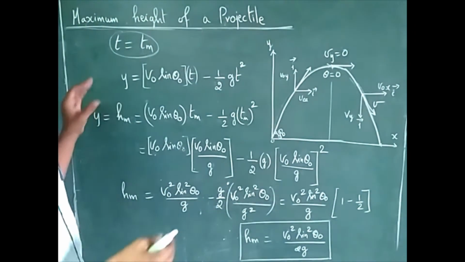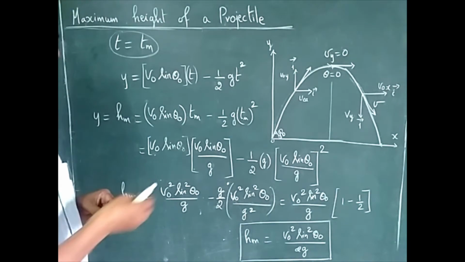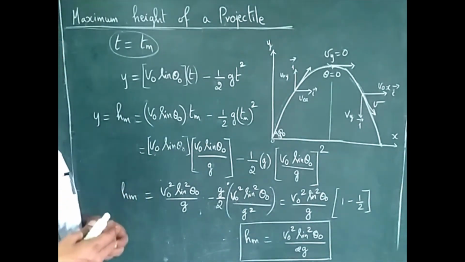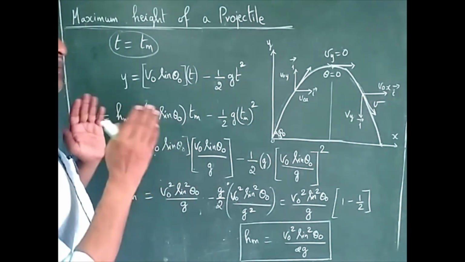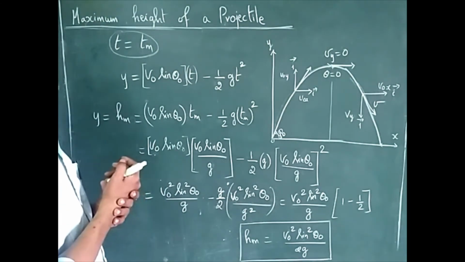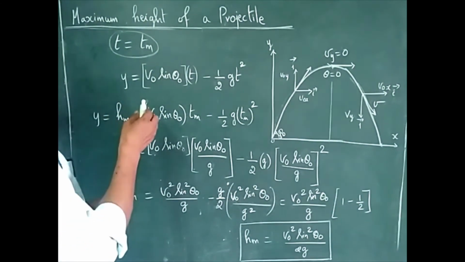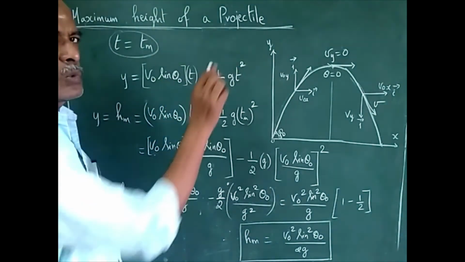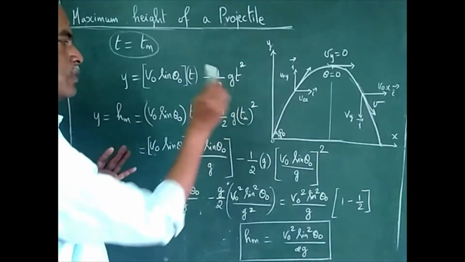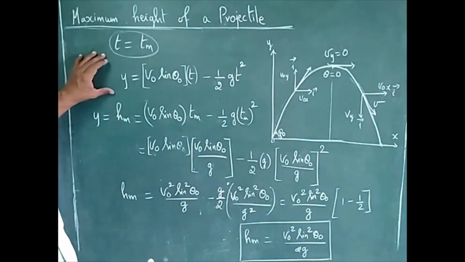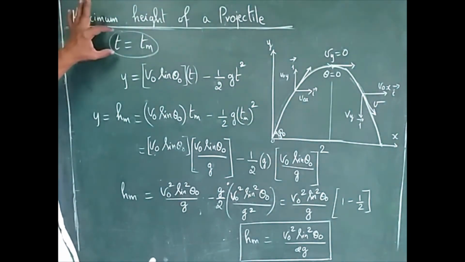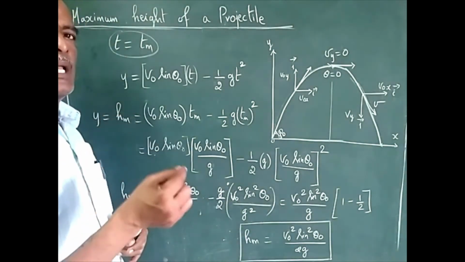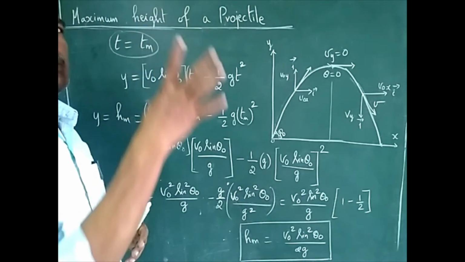But from the basic equations, we have divided into velocity in horizontal and vertical components, and then we got the vertical displacement y is equal to v naught sin theta naught into t minus half g t square. This we already know. Now you substitute the value of t equal to tm, that means tm is the time taken to reach the maximum height.